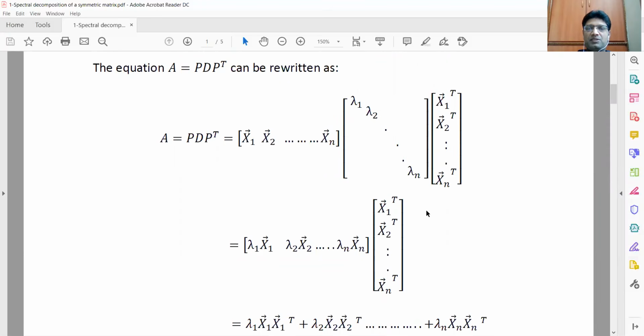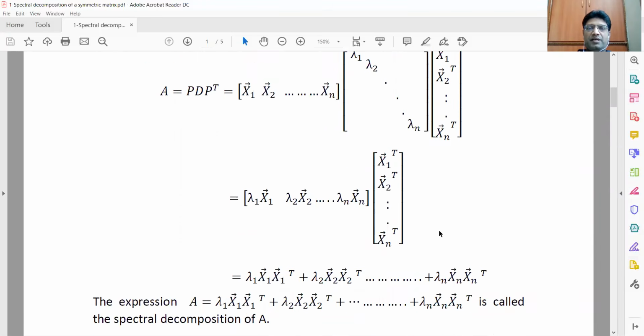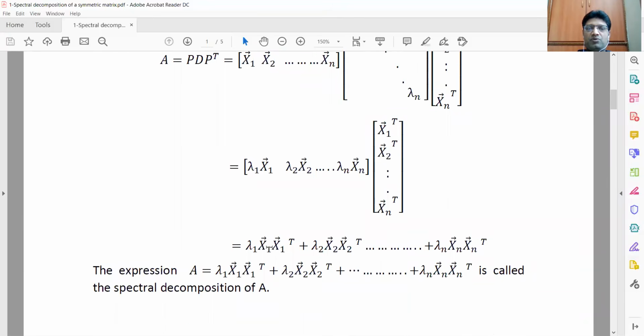Then this column vector is as it is. Next, if you multiply this row vector with this column vector, you get this expression. A equals this one, and this is called the spectral decomposition of A.